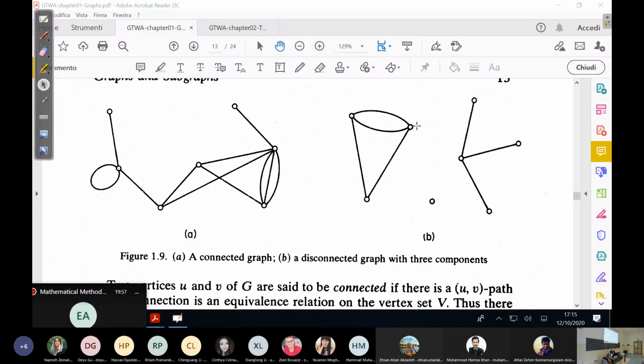Maybe the problem is to look at the definition of walk and then of path. Understanding what a walk in a graph is, the idea of path is easy, because it's a walk with no repetition of the vertices. But now I cannot stay anymore on this, I'm sorry.